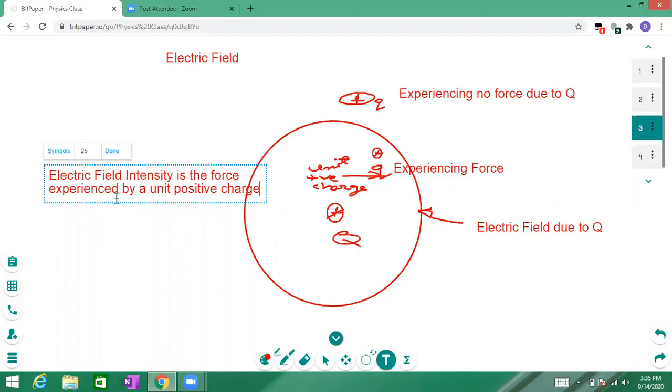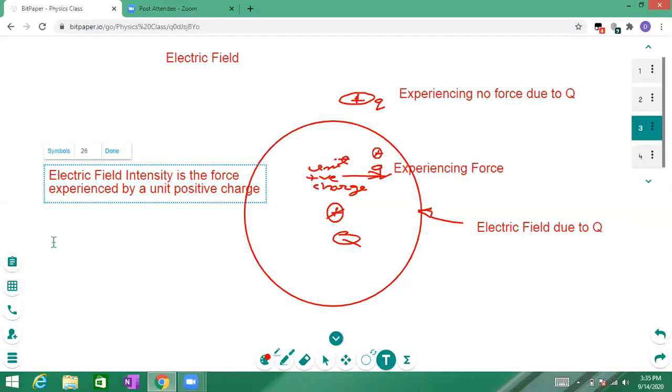Therefore, the force experienced by it will also change. It means that the electric field intensity is different at different locations in the field.